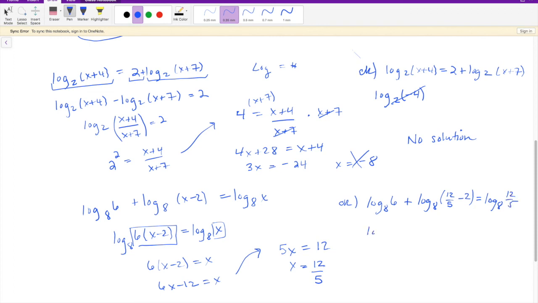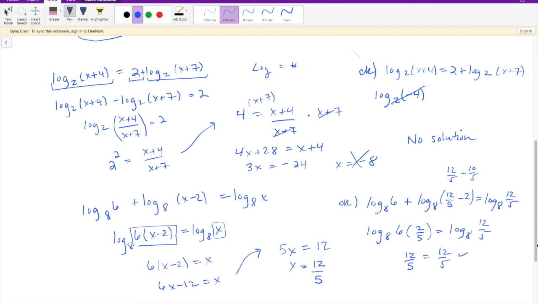Okay, so this will be log base 8 of 6 times, so I'm going to just do a little arithmetic here. If we have 12 over 5, let's rewrite 2 with a denominator of 5. So that would be 2 over 5. And then we would have equals log base 8 of 12 over 5. And lo and behold, here is our 2 log base 8s. 6 times 2 is 12, so this would be 12 over 5 is equal to 12 over 5.